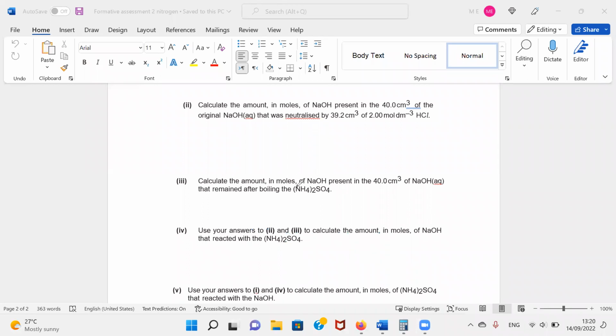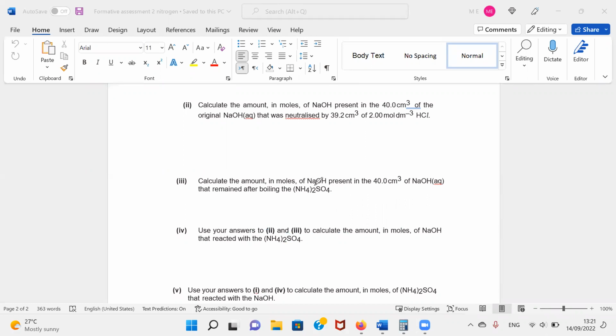Calculate the amount in mole of sodium hydroxide present in 40 ml of sodium hydroxide that remained after boiling the sodium sulfate. So basically, this is when you got your sodium sulfate to react with the ammonium.